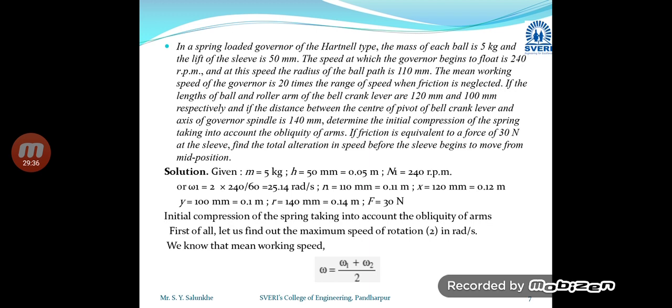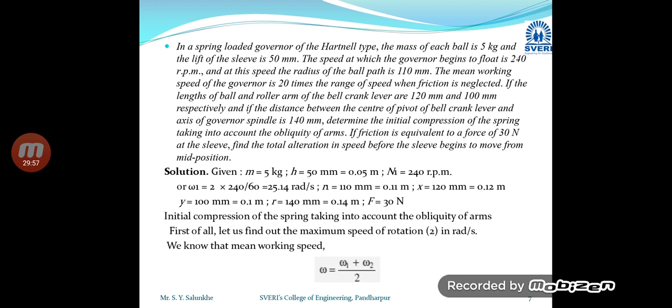And the distance between center of pivot of bell crank lever and axis of governor spindle is 140 millimeter, that is the bell crank lever where it has hinged and axis of rotation, that distance is given. We'll see, it will be elaborated on the diagram.